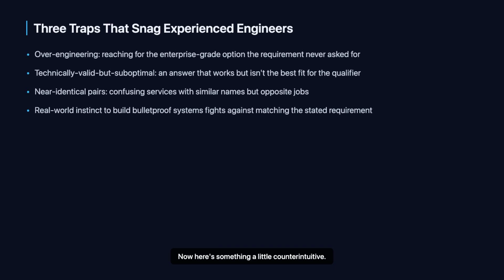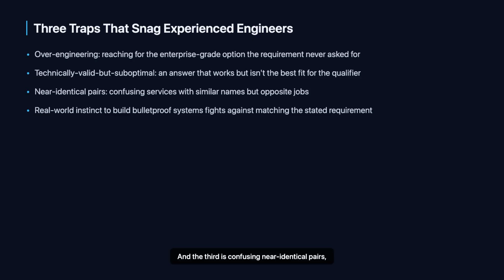Now, here's something a little counterintuitive. Experience can actually work against you here, and it does so in 3 specific ways. The first is over-engineering, reaching for the enterprise-grade bulletproof option when the requirement never asked for it. The second is picking a technically valid but suboptimal service, an answer that works fine but isn't the best fit for the qualifier.